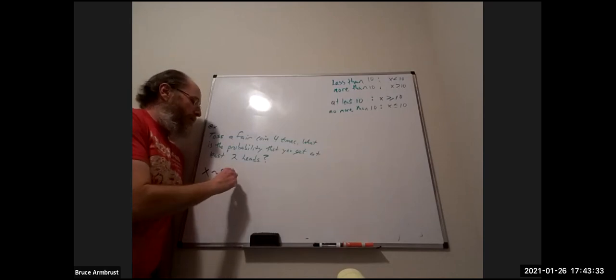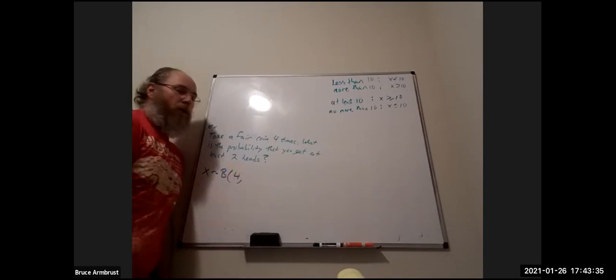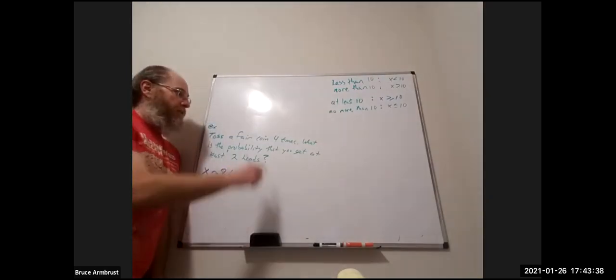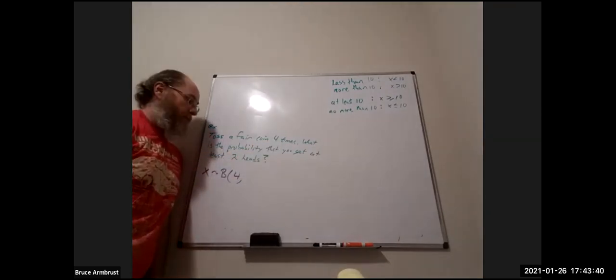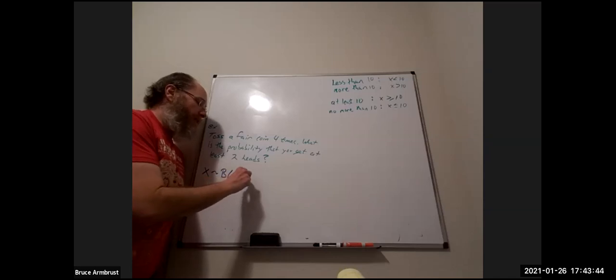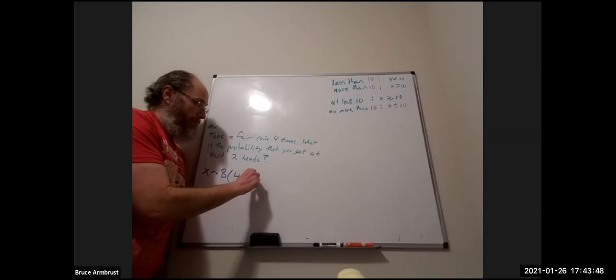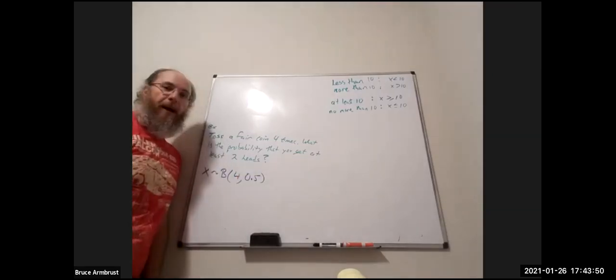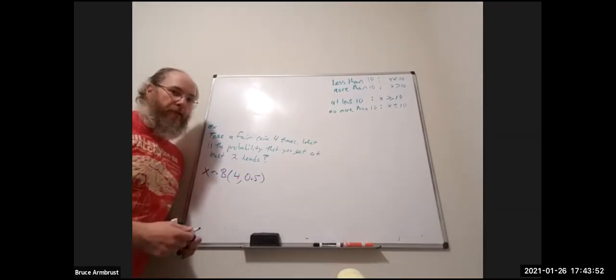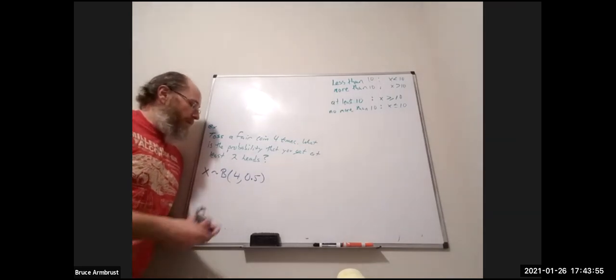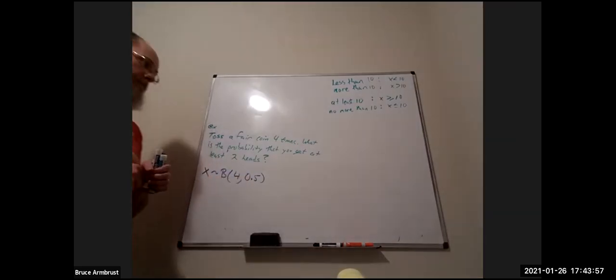All right, so the number of trials is 4 because we're tossing the coin 4 times. Our probability of success, if we say success is getting a head, is 0.5. 50-50 shot. Okay, so this is the distribution that we're using.